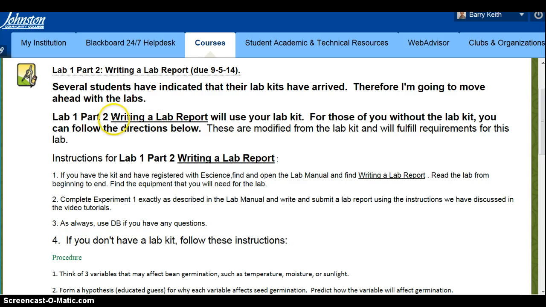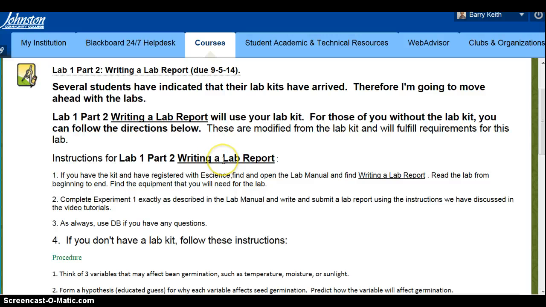The name really of this lab is writing a lab report. It uses your lab kit, so if you have your lab kit now, feel free to use it, because in there you will be given some seeds. I believe they're beans. And really, to proceed with that lab, you need to plant those beans and wait for them to grow. You can read all about the details of that. It's really as simple as that.